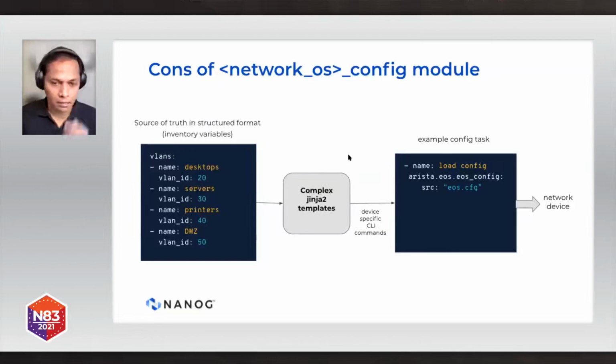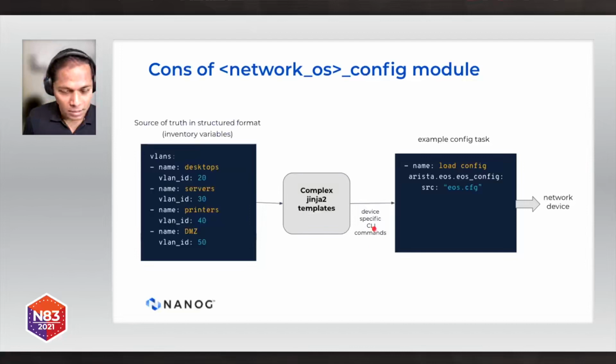While config modules are easy to use and they augment the skills of network operators in the form of CLI commands that operators are very used to in their day-to-day operation, the problem is if you have structured data that you want to use to manage the inventory, you will have to use something called Jinja templates to convert your structured data into device-specific CLI commands. And if the configuration is large, the complexity of Jinja templates increases exponentially.